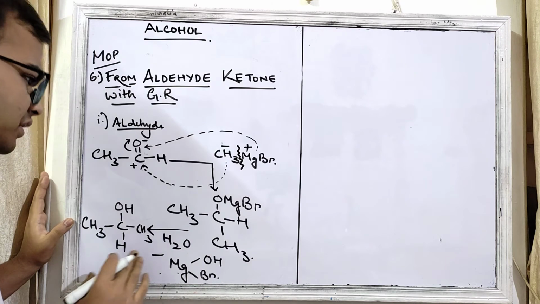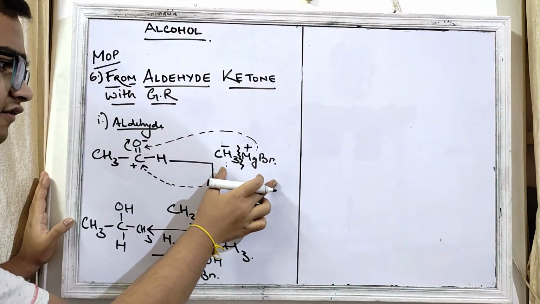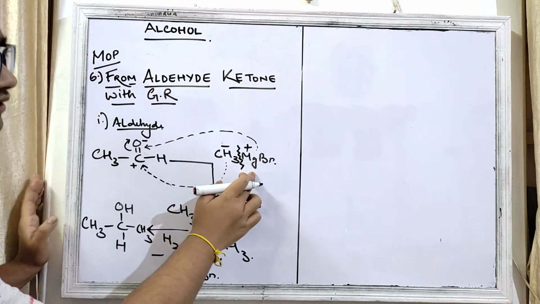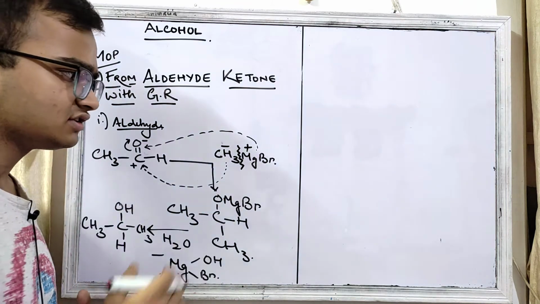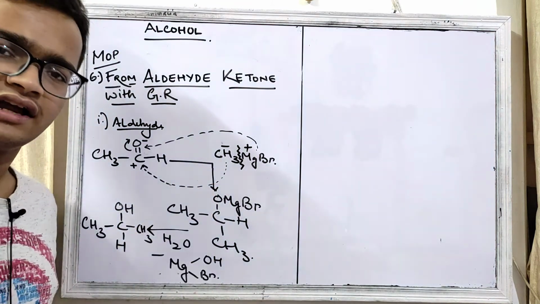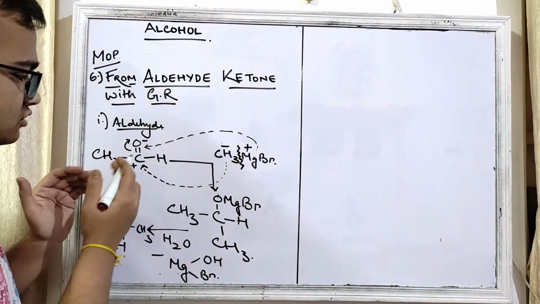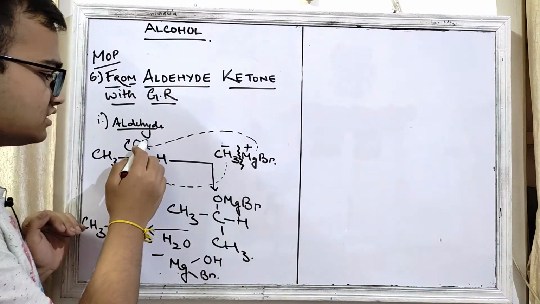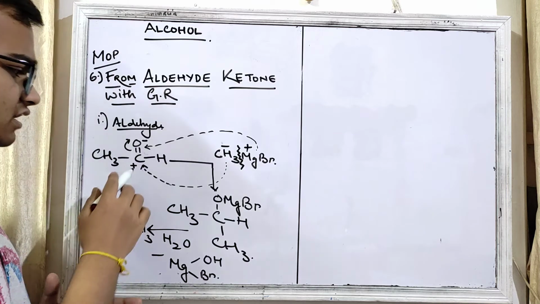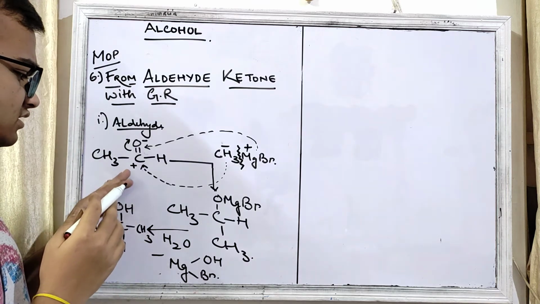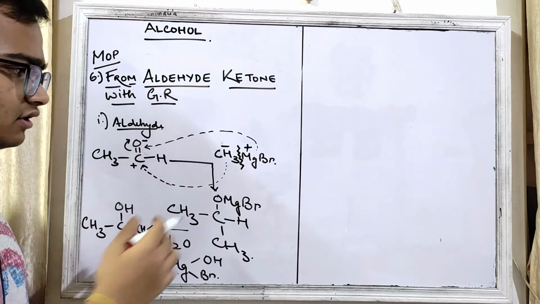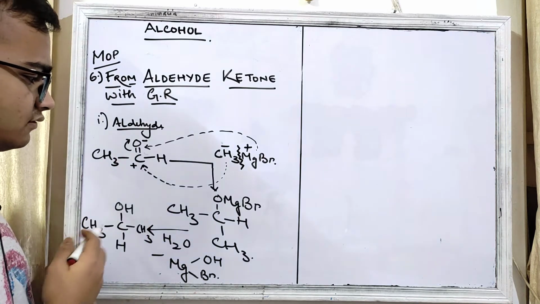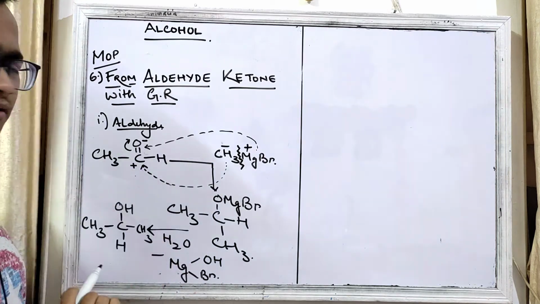So what we are doing, we are first treating with Grignard reagent, the bond is breaking like this, the MgBr is getting the plus charge and this methyl group is getting the negative charge. When this oxygen is opening up the lone pair, or you can say the resonating pair, the oxygen is getting the minus charge and the plus charge is getting transferred to the carbon part. So CH3 minus is attacking over here and the Mg plus is attacking over here.